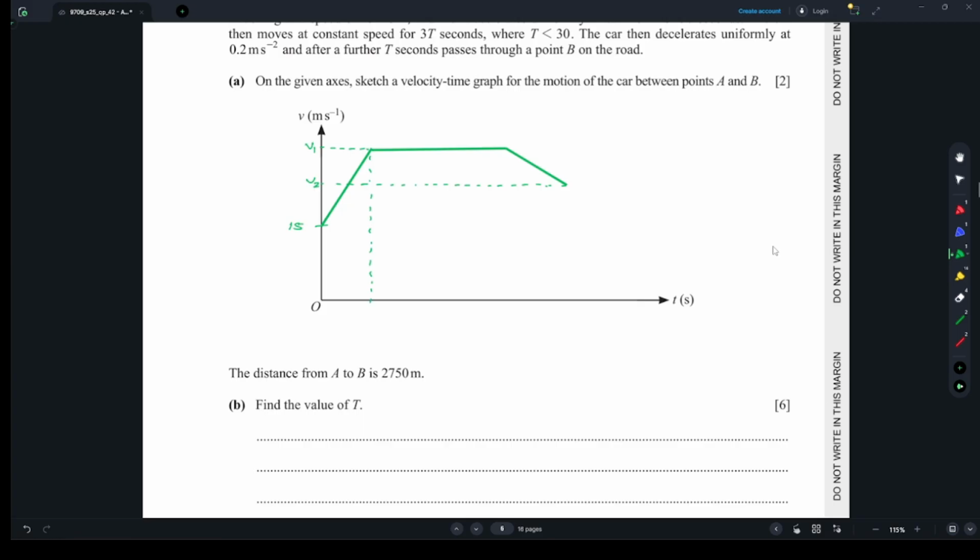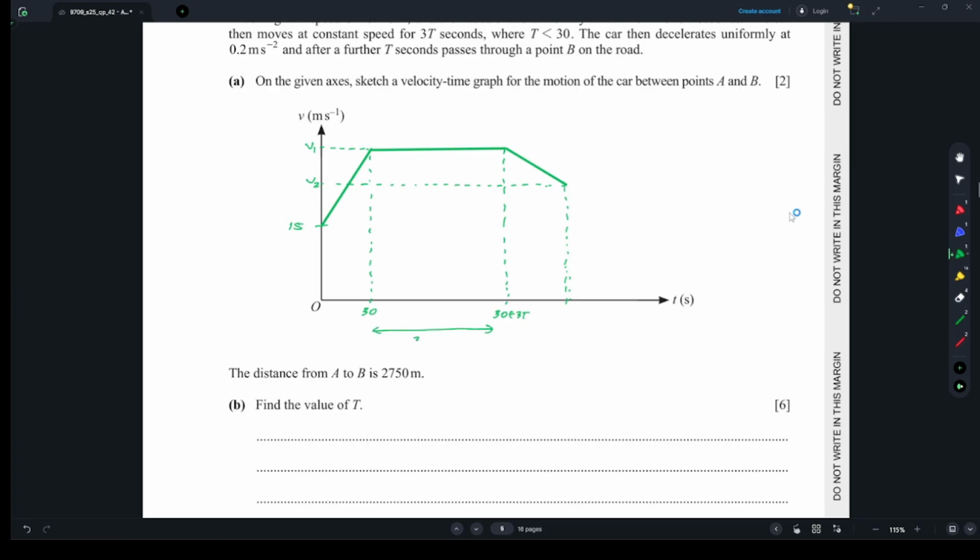Here, the acceleration time is 30 seconds. And then here it moved 3t time. And let's take this deceleration time also. So 30 plus another 3t.